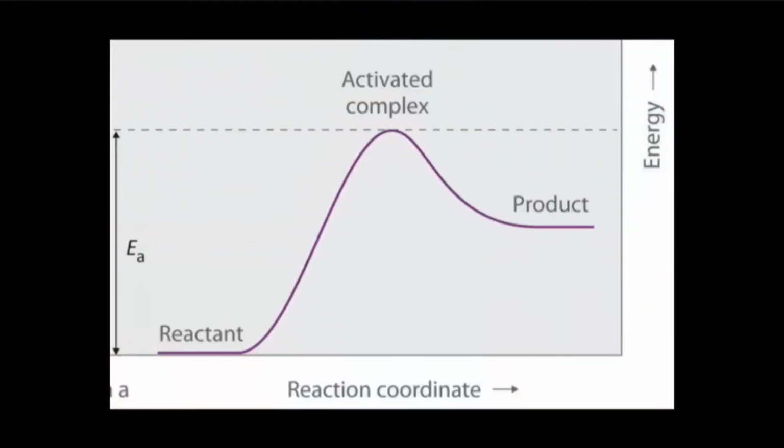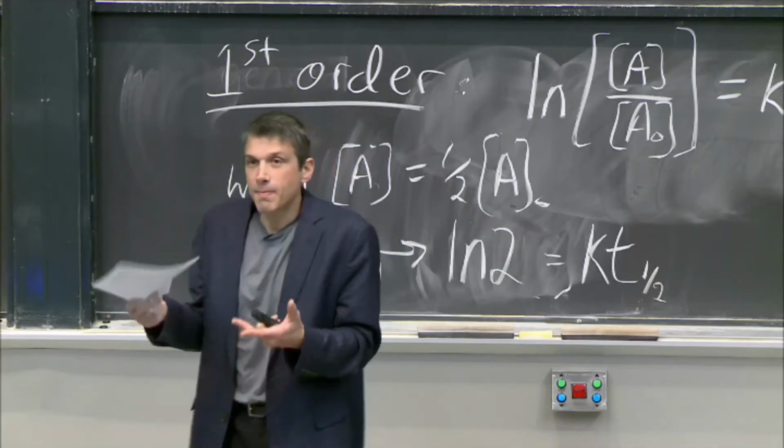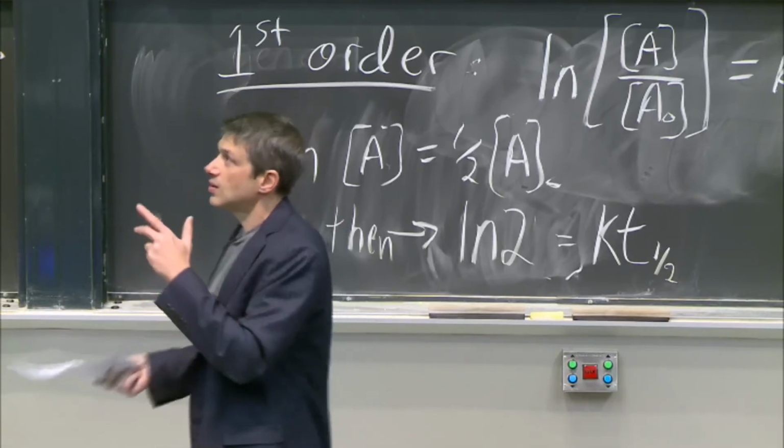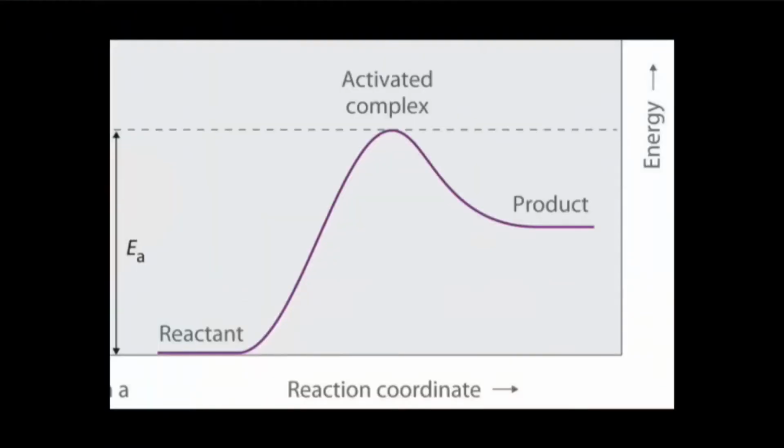How does that matter? In order to understand that, collision theory tells us to think about a reaction in terms of an energy landscape and an energy barrier that you have to overcome. Here I have this EA, which is the energy I need to put in for the collision to be strong enough.